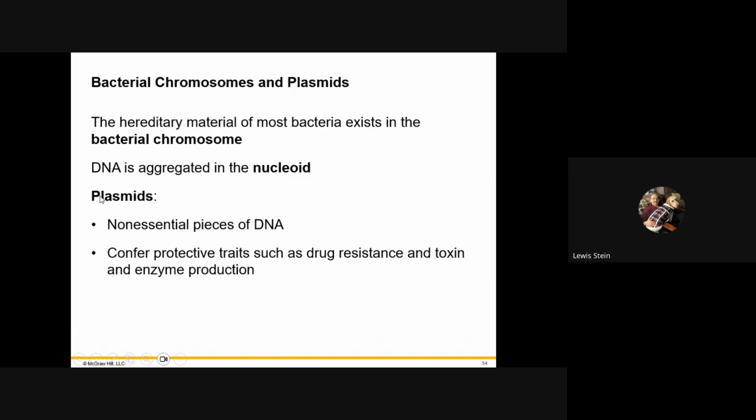Most of them have plasmids. They don't have to have them because they're non-essential. They're tiny circles of DNA. They are the framework we use not only for how resistance spreads, and we have a whole unit on that in genetics, but also for genetic engineering. They're tiny circles with maybe 20 to 50 genetic markers.